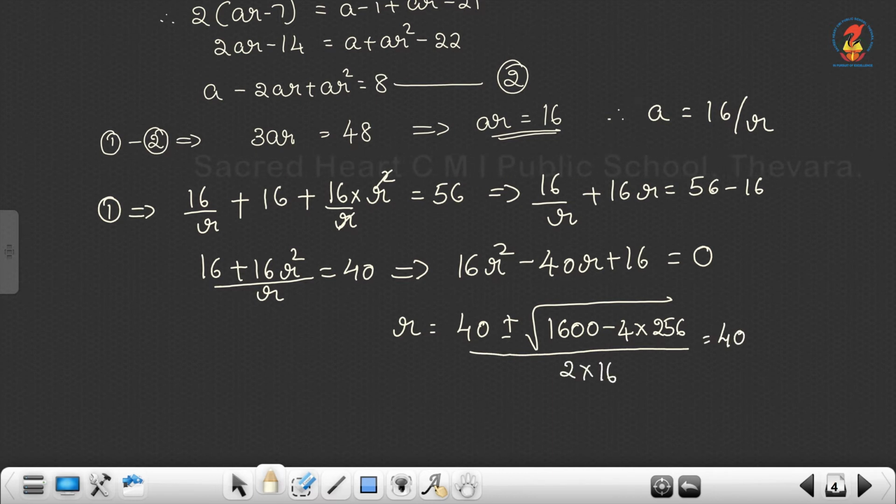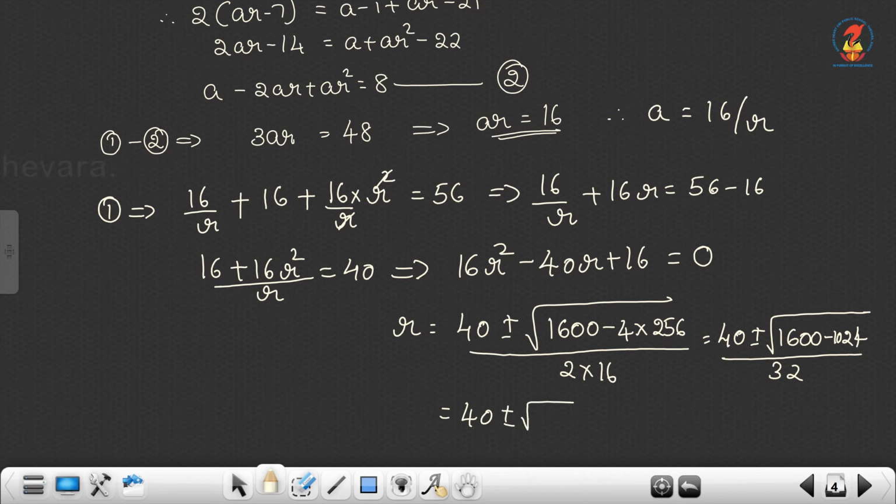So that is 40 plus or minus root of 1600 minus 1024, by 32. So that is the same as 40 plus or minus root of 576 by 32. 576 is the square of 24, by 32.